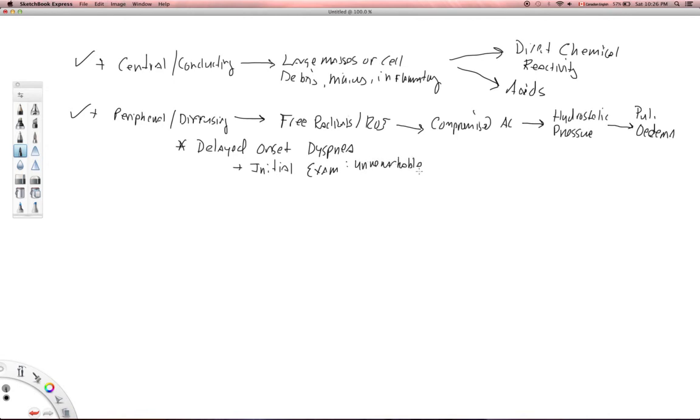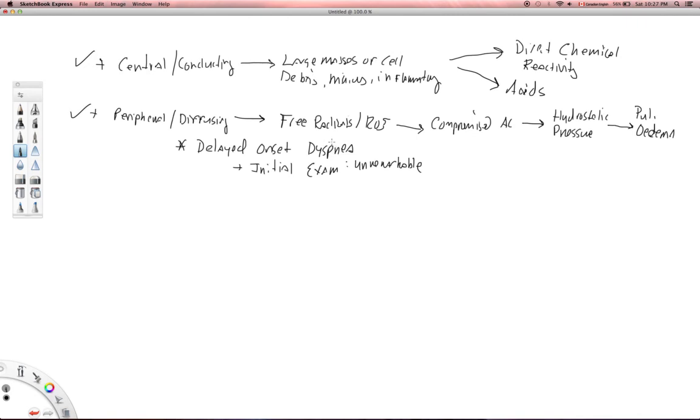Their saturations will be good. Their ABG won't be particularly concerning. Their workup will be pretty unremarkable. You do a chest X-ray, it looks good. You don't have any indications of pulmonary edema, and maybe they get discharged, and then they end up either returning or having an adverse event at home, possibly even death.